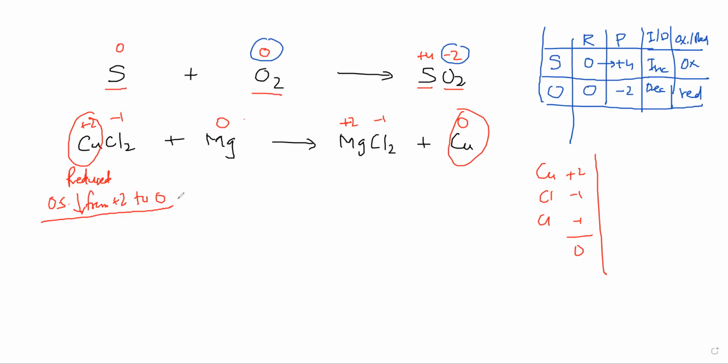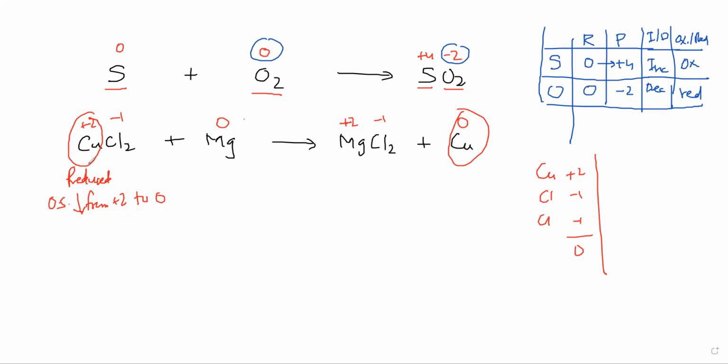You don't say it changes, you say oxidation state. Remember, these numbers that we are writing here are oxidation states. So in your answer, you must mention that oxidation number increases from so and so to so and so, or oxidation number decreases from so and so to so and so. I want a complete answer. Next time, I do not want these incomplete answers.